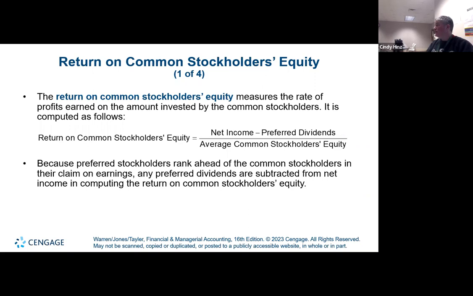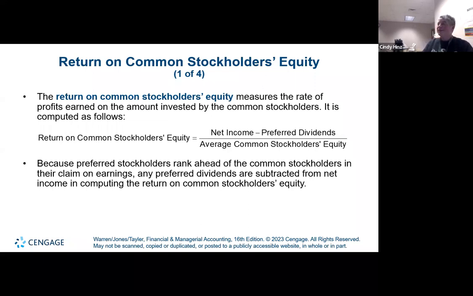And so the difference that you see in this part F compared to E is from the numerator, we subtract the preferred dividends. And from the denominator, we subtract the preferred stock piece of the equity, which in this exercise was $1 million.